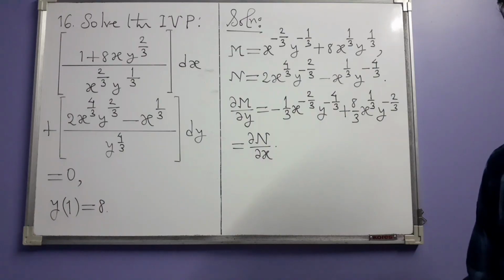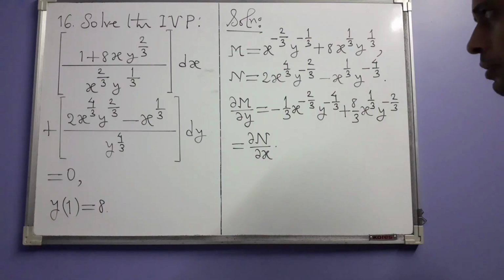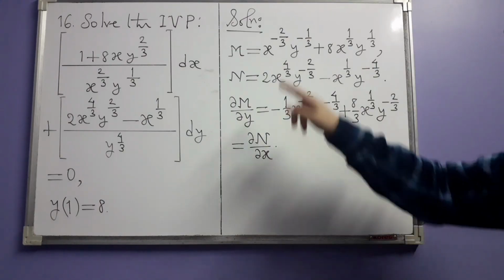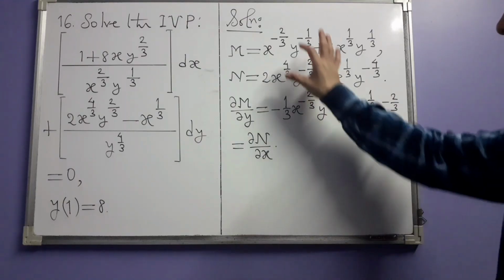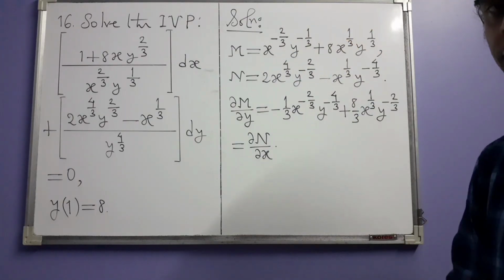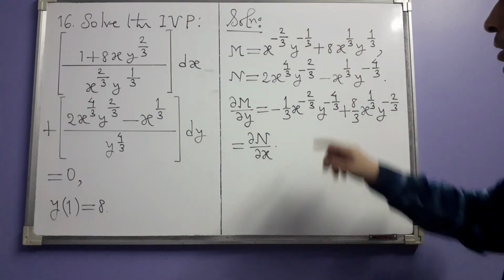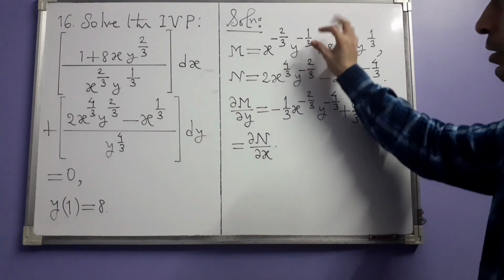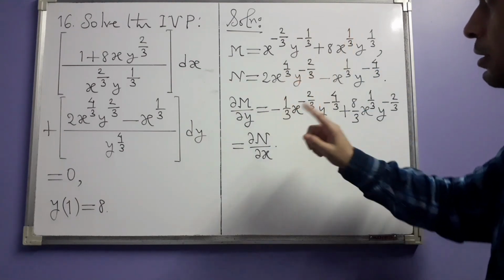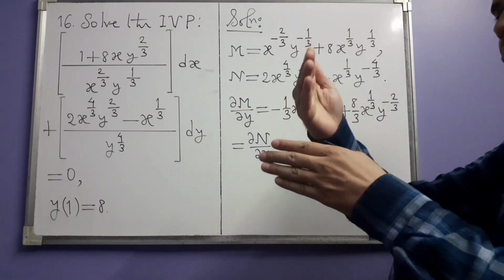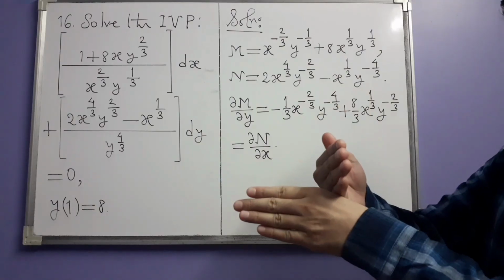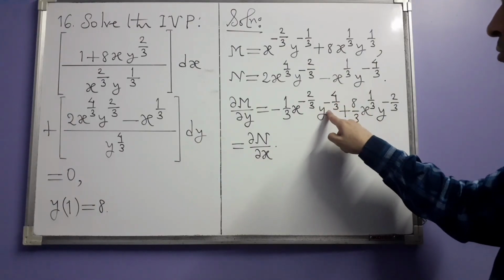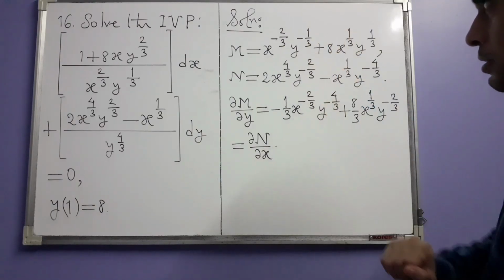And then we do the partial differentiation. So we first differentiate m with respect to y. That means all the powers of x will be considered constant. So this term will give you what? Minus 1 over 3 times y to the power minus 1 over 3 minus 1, which is minus 4 over 3, and this thing stays as it is.